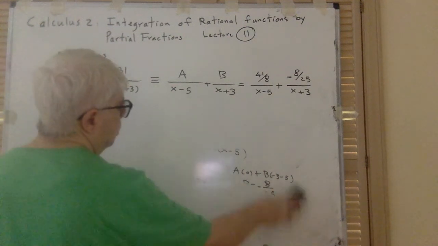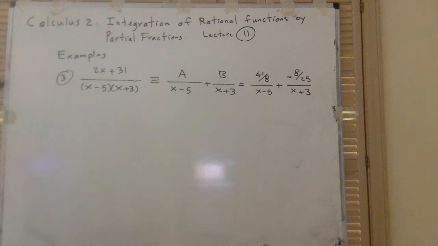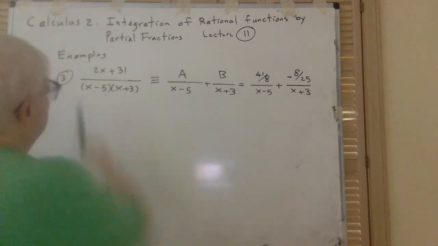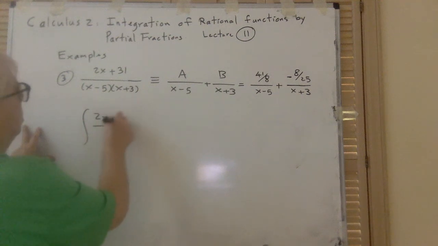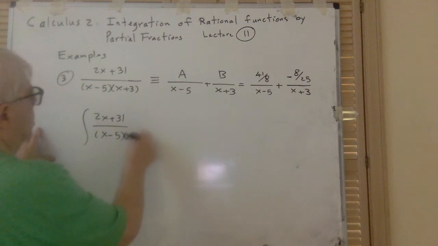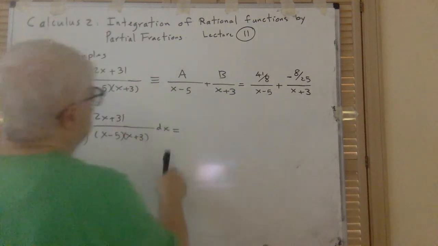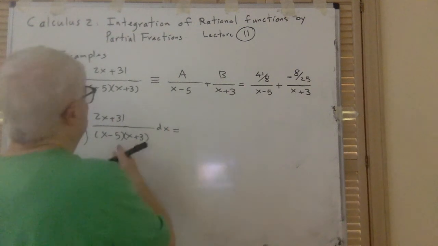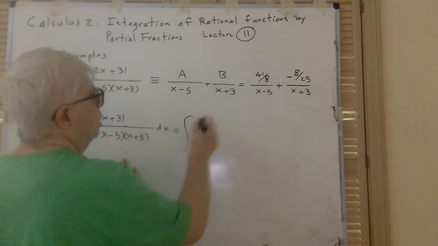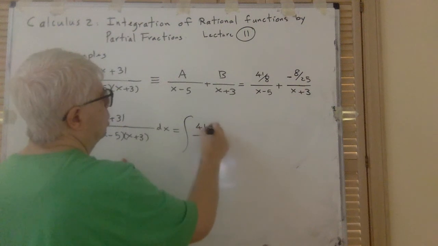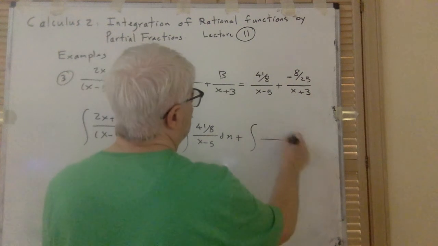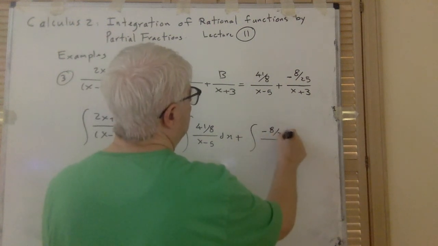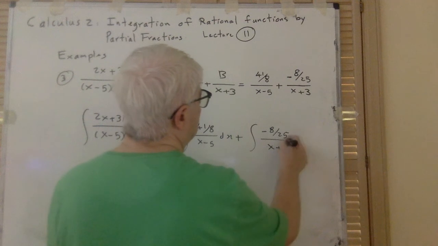If the next step is integrating this rational function, 2x plus 31 over x minus 5 times x plus 3 dx, I say, okay, I know it is this thing, so I have two integrals: 41 over 8 over x minus 5 dx plus the integral of negative 8 over 25 over x plus 3 dx.